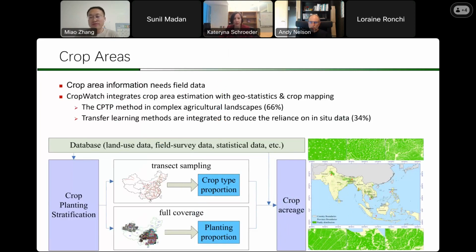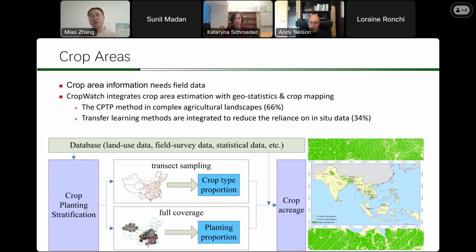I also have a couple of slides to briefly talk about the methodology, but maybe it's too technical. But I want to introduce that our system provides information like crop areas, like how many hectares of maize, wheat, rice and soybean for each country or different provinces of the major countries, using different types of methodologies, either a geostatistical approach or a machine learning based crop type map.